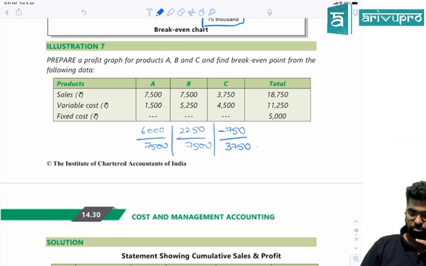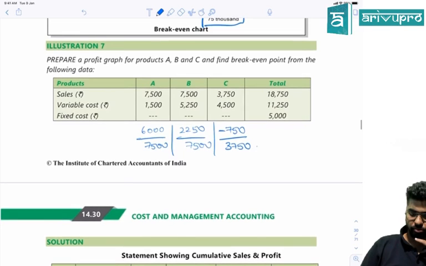First one, second one, what's the second one?